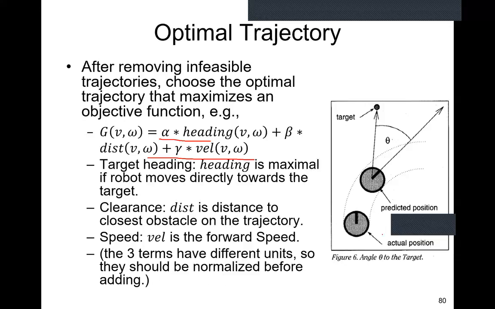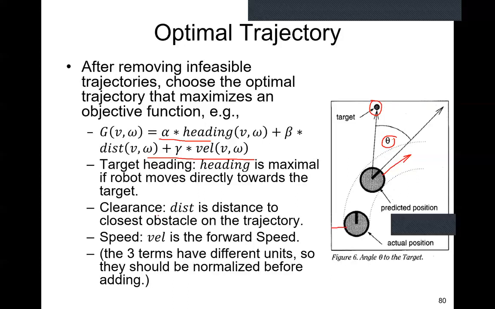For example, here's the robot's current position, and this is the predicted position at t plus dt. If the target is here and your heading is here, then theta is the heading relative to the target. So the smaller, the better.